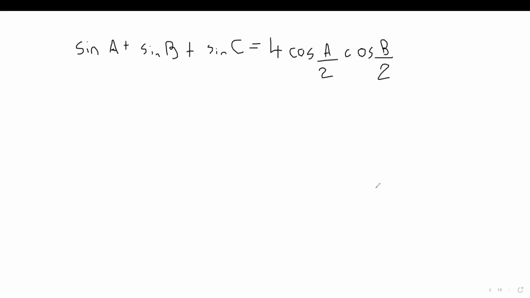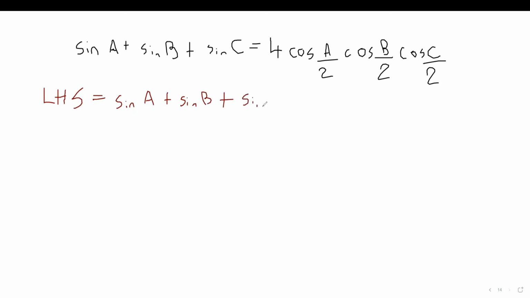That looks crazy, but it's not. It's really easy. All right, nice. So let us do this right here. We're going to start with our left-hand side, which is equal to sine A plus sine B plus sine C.